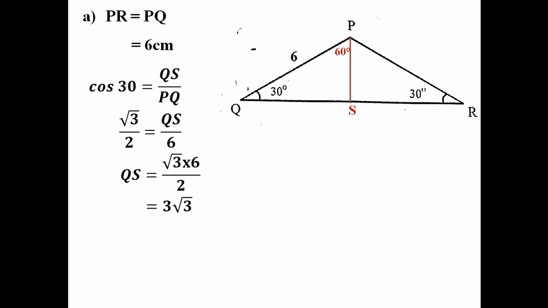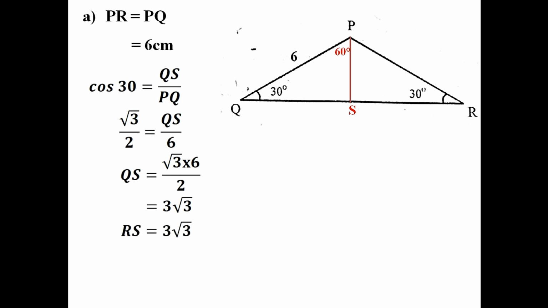Here triangle PRS and PQS are equal because we know PR and PQ are equal. PS is the common side and angle QPS and angle RPS are also equal to 60 degree. Therefore, RS is also equal to 3 root 3.